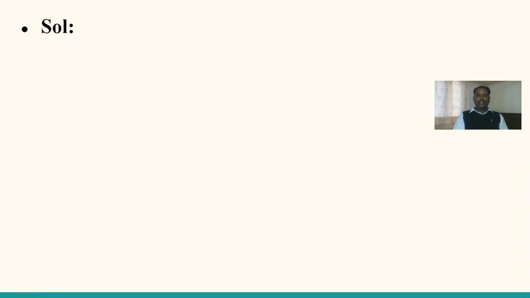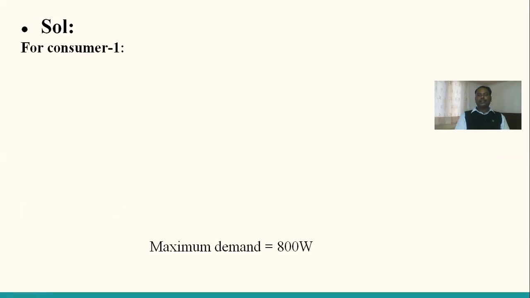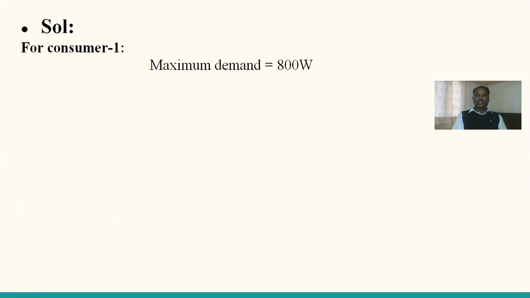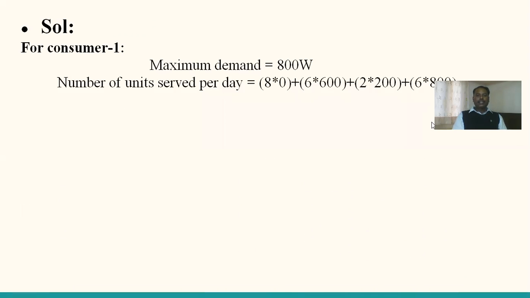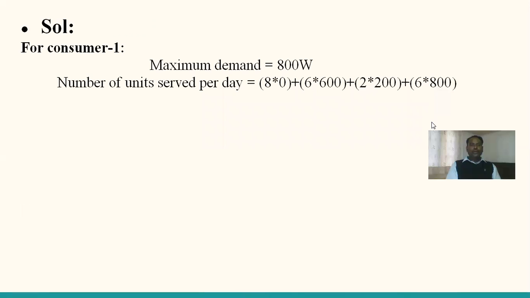So let us start with consumer 1. Consumer 1, the maximum demand. What is the maximum demand? 800 watts in the table. Next, number of units served per day. Over 24 hours, the time is to be divided into 4 slots.